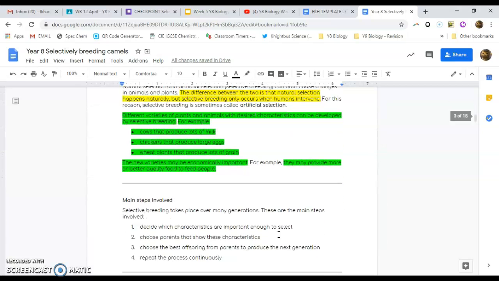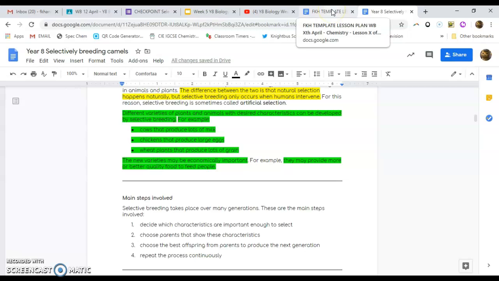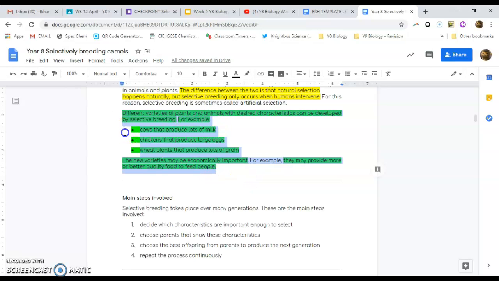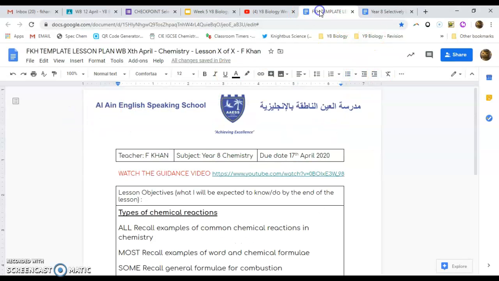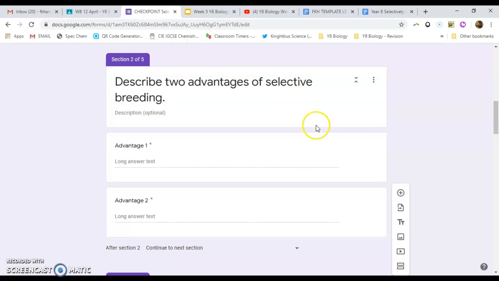Okay, so you can also use the information that I have given you in the other video. Here are the advantages. 2 advantages could be useful. Cows can produce lots of milk, chickens produce large eggs, and so on. So these are the advantages. So put those in your own words. 2 advantages of selective breeding.